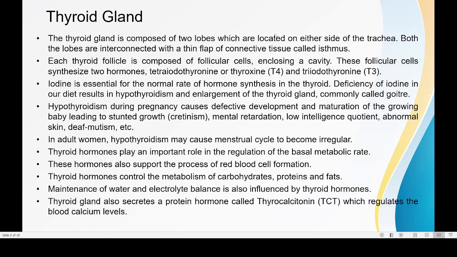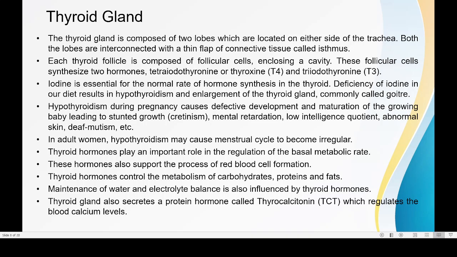Both the lobes are interconnected with a thin flap of connective tissue called the isthmus. Here you can see that. This is the right lobe and this is the left lobe, and both are connected by a small connection known as the isthmus.